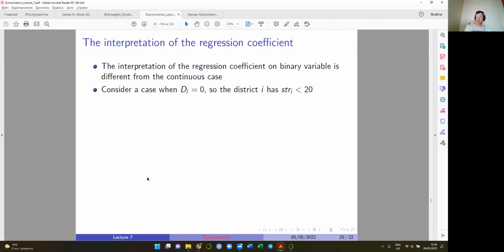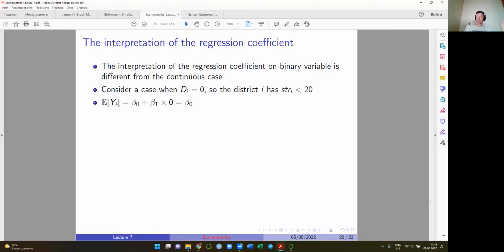Let's simply write down two expressions. When d is 0, the expected value of y given d equals 0 is this. We just plug 0 into this expression and we have beta 0.